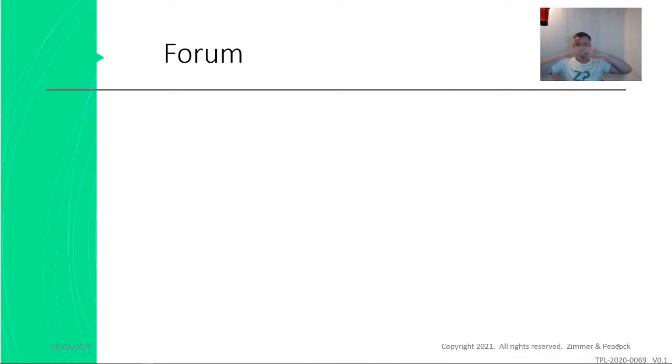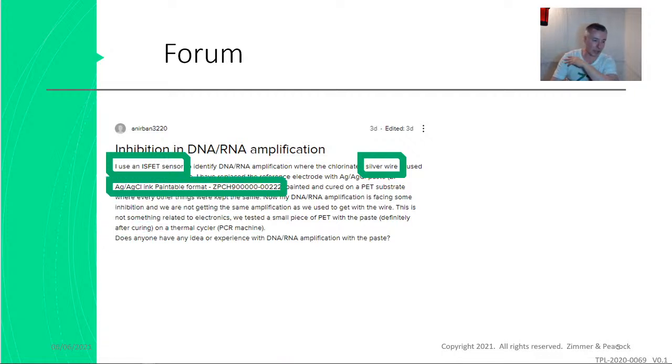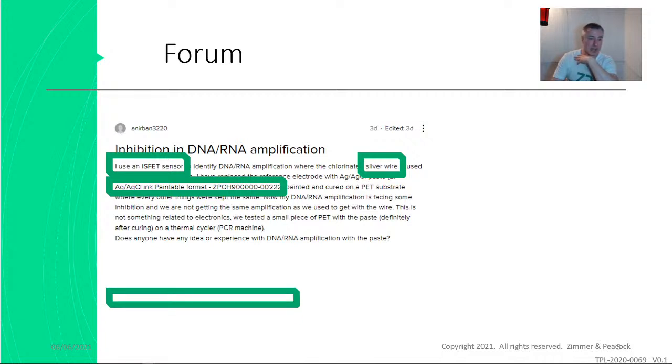The forum had a question come through. The inquirer is using an ISFET sensor, an ion selective field effect transistor. He was asking because he's historically been using a chlorinated silver wire as the reference electrode, but they have been going over to silver chloride and platinum recently, and they've been having some issues.